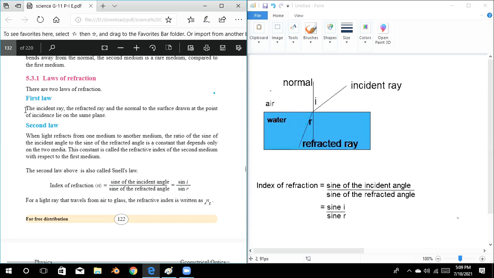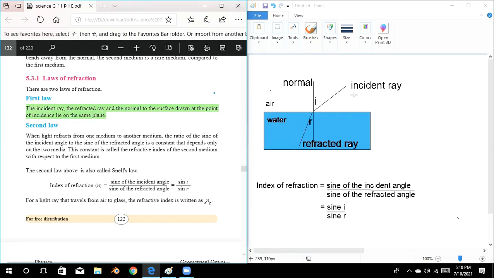What is the first law? The incident ray, the refracted ray and the normal to the surface drawn at the point of incidence lie on the same plane.